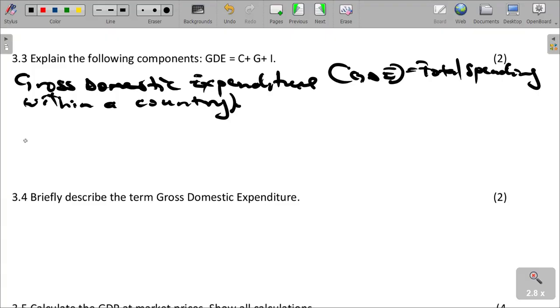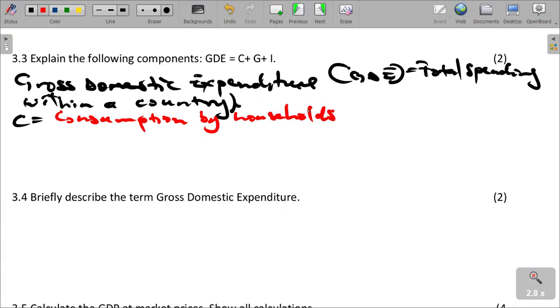So now we have C, which is consumption spending by households on goods and services.